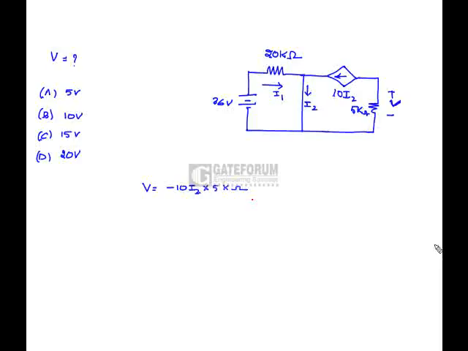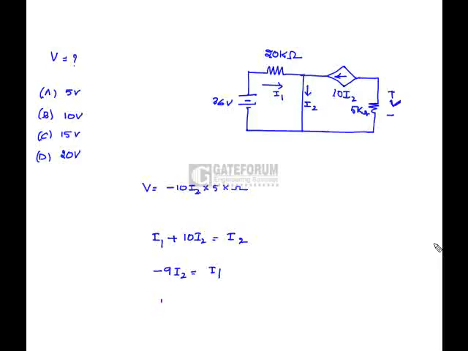For that we have to find I2, that is I1 plus 10 I2 is equal to I2. So minus 9 I2 is equal to I1.